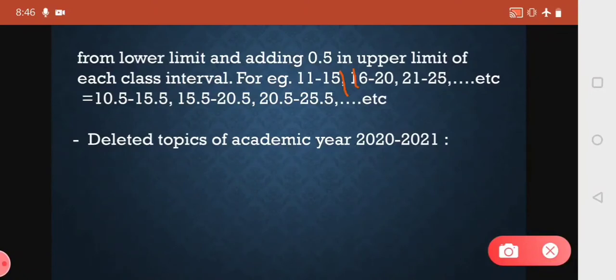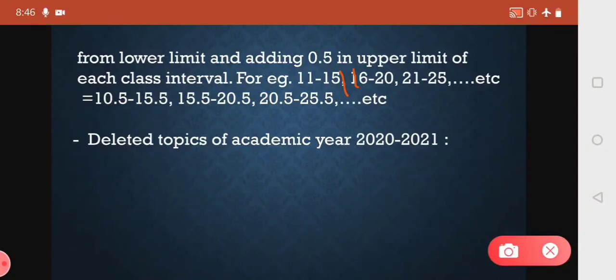So if such discontinuous class intervals are there, we convert them into continuous class intervals by subtracting 0.5 from the lower limit and adding 0.5 to the upper limit.